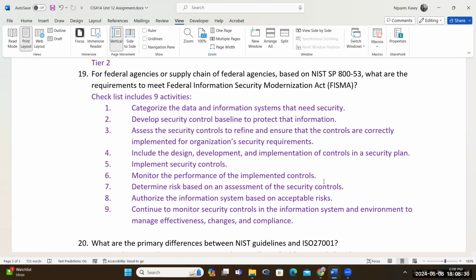And we always want to monitor the control and even the environment, so that way we can manage the effectiveness, the changes, and the compliance. And if you fulfill these 9 areas, you mostly address a lot of the things for your security solutions. It encompasses a lot of different things.